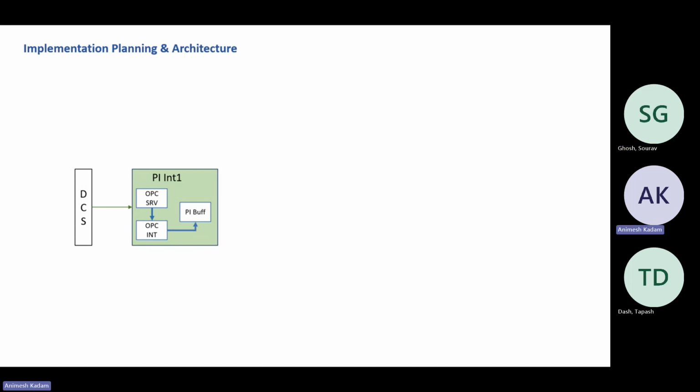Now, if the OPC server and the interface instance or the interface application are on the same server, then you can just connect to the OPC directly using an OPC client.